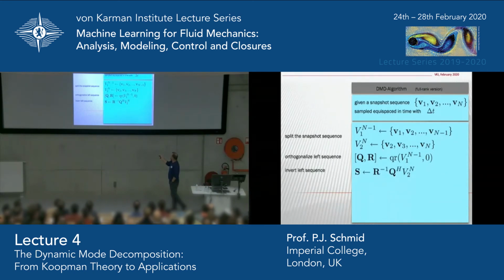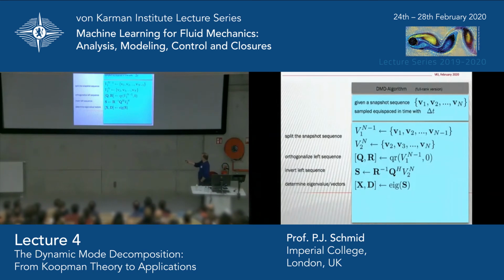So that's the second snapshot basis. This is basically a least squares of V1 n minus 1 inverse. And that one gives you the companion matrix. That's all there is.